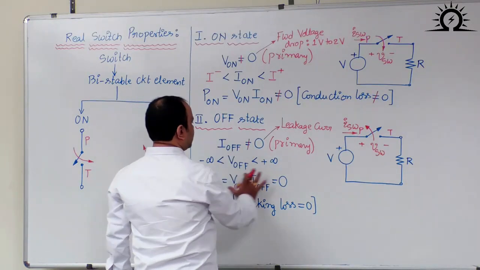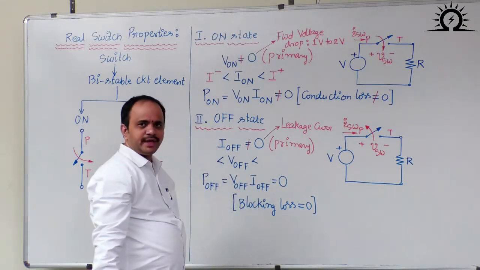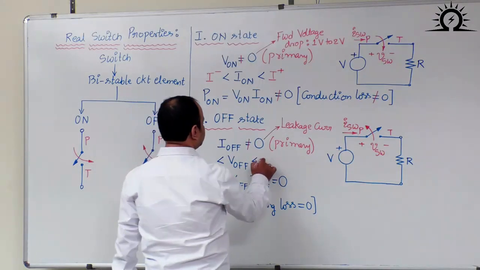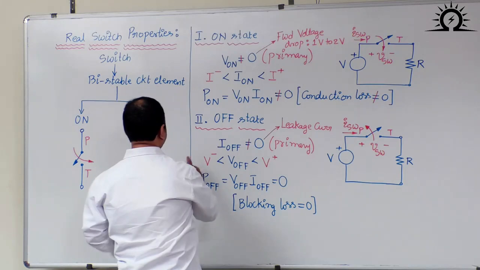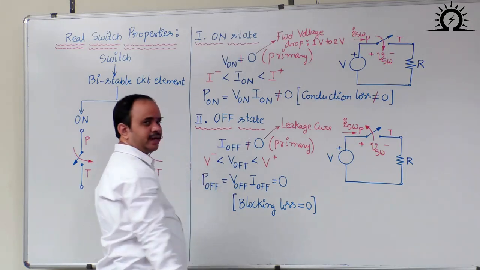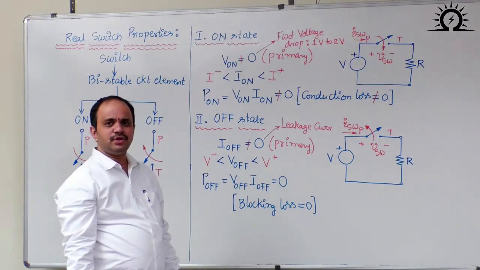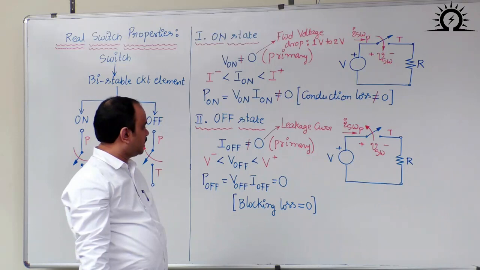And earlier we told that there is infinite voltage during off state. Infinite is not possible. Therefore, it will be a finite voltage drop, right? The switch can block a finite amount of voltage during its off state.